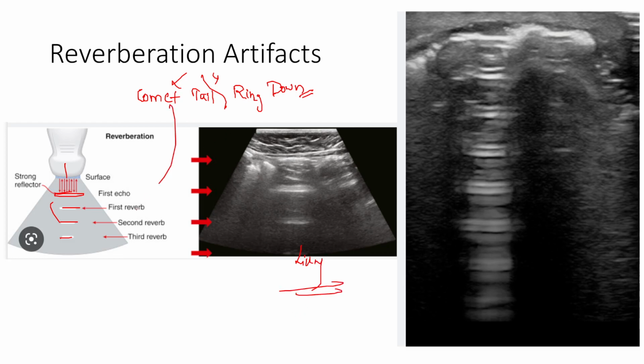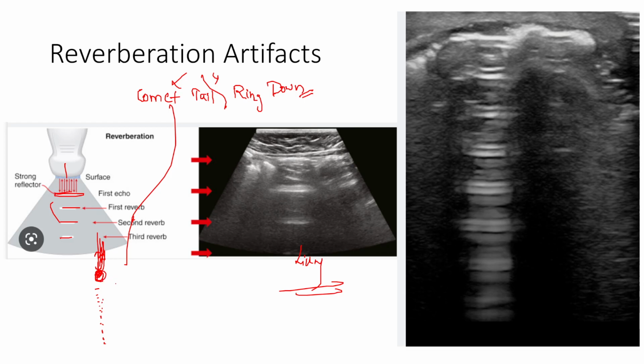Ring down artifact is mainly seen whenever there is a small gas bubble. The gas bubble is also a strong reflecting surface, so it reflects the ultrasound beam. As a result, this shows tracks of lines through the scan.